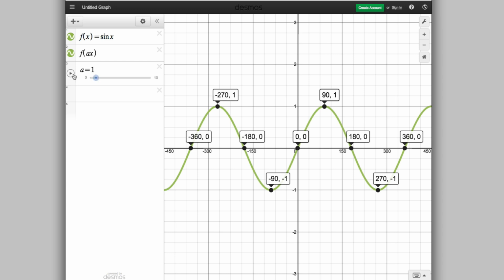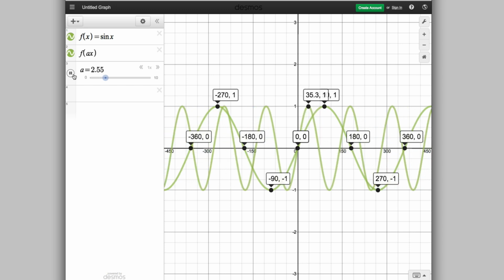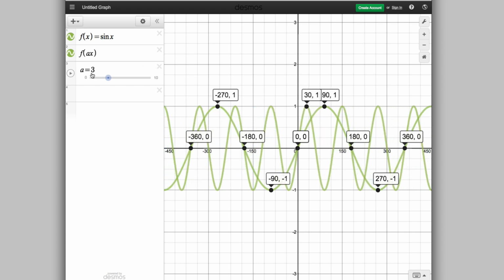If a is bigger than 1, what seems to be happening is we are squashing by that factor. Here a is 3, this is f of 3x. We seem to have squashed by a factor of 3. What was in the original graph 90 across 1 up is now 30 across 1 up. We've divided all the x values by 3.